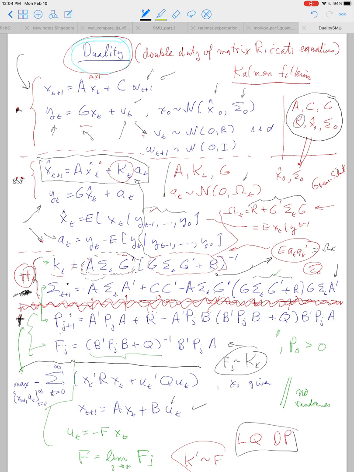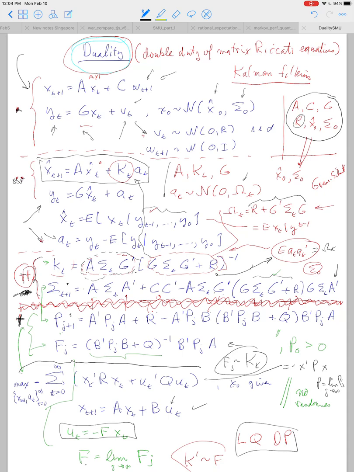And the solution of that problem is a decision rule u_t equals minus F x_t, where F is the limit of these F_j's. And the value of the problem is minus x prime P x, where P is the limit of the P_j's as j goes to infinity.